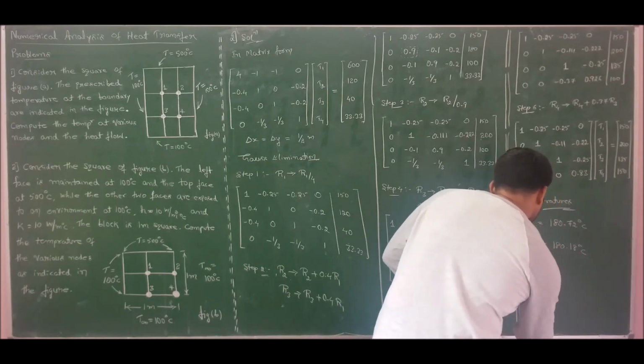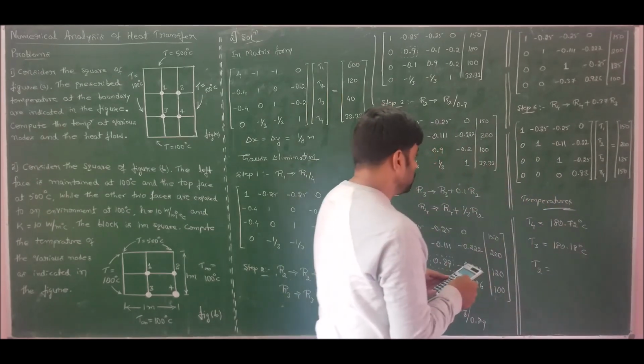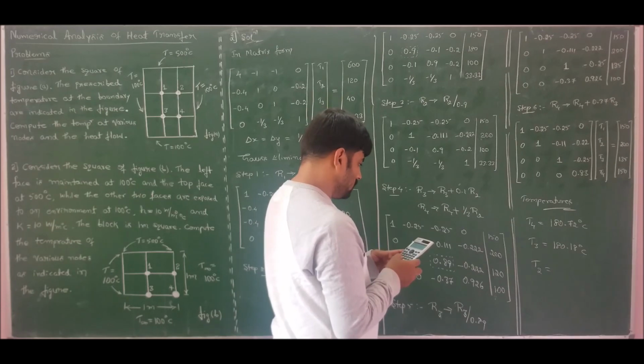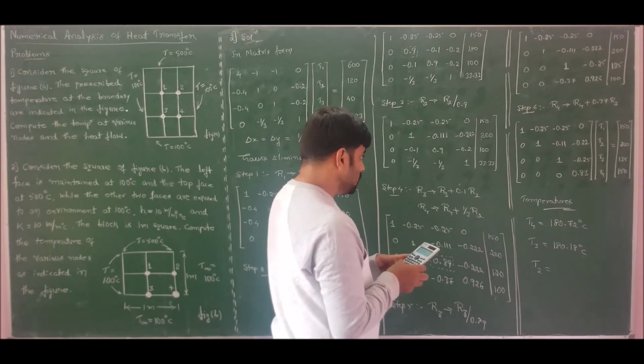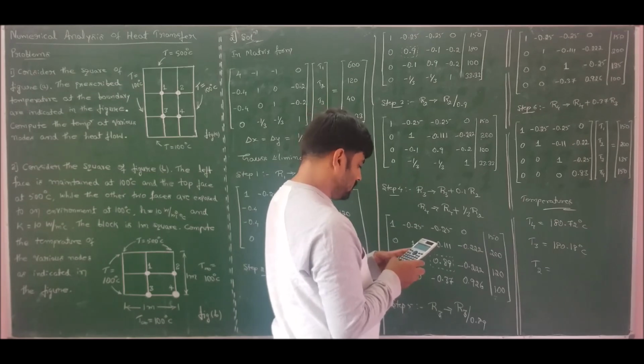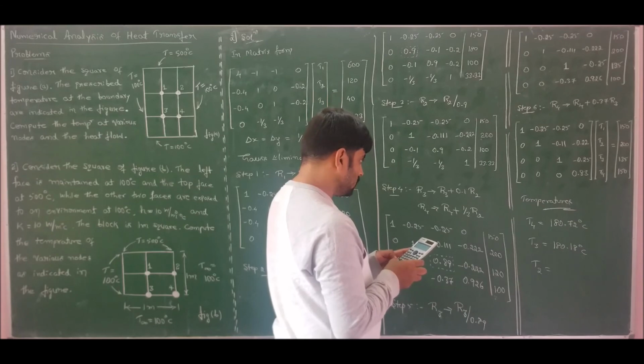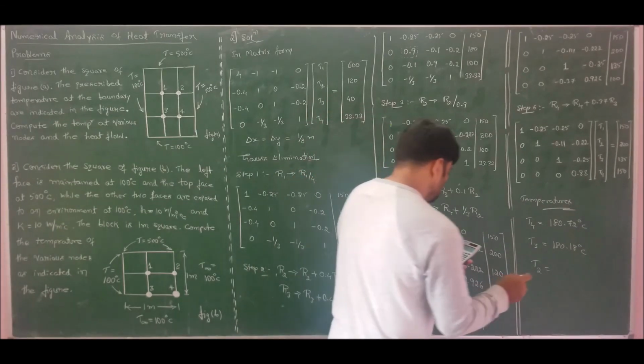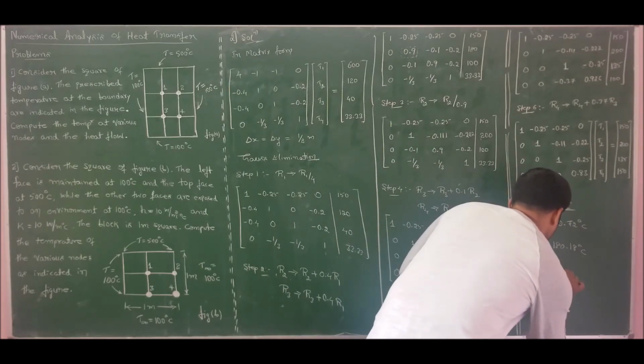And next, from equation 2, T2 will become 200 plus 0.11 into T3, which is 180.18, plus 0.22 into T4, which is 180.72, which is nothing but approximately 260.